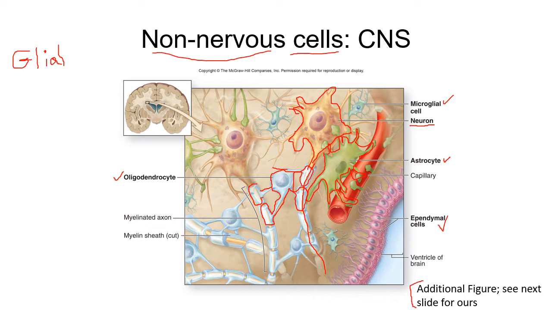So it's that lining cell. So we can see they are here. And then we also have these really small guys back here called microglial cells. I'm going to take a look at each of these, both in the central nervous system and then a specific one in the peripheral nervous system based on the context of your textbook.